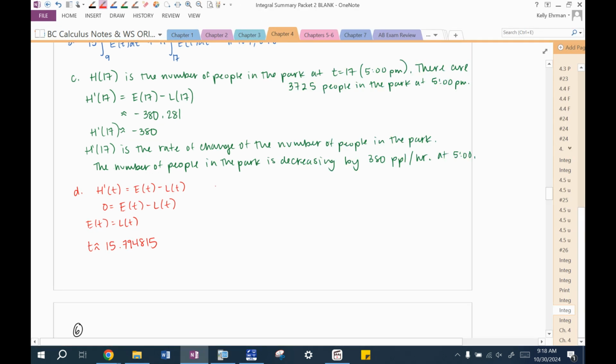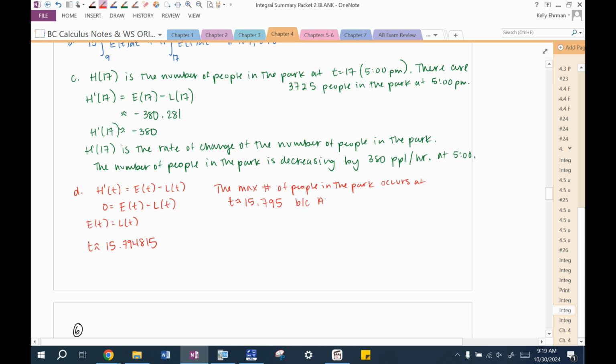So the maximum number of people in the park occurs at t is about equal to 15.795. I guess I will round that.